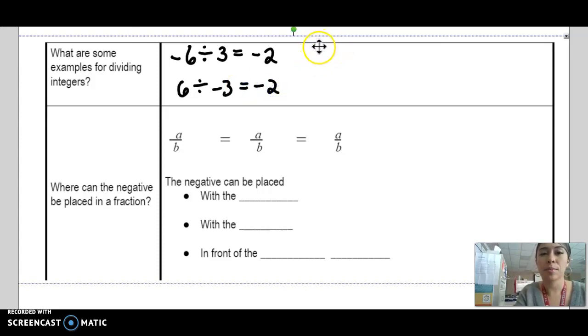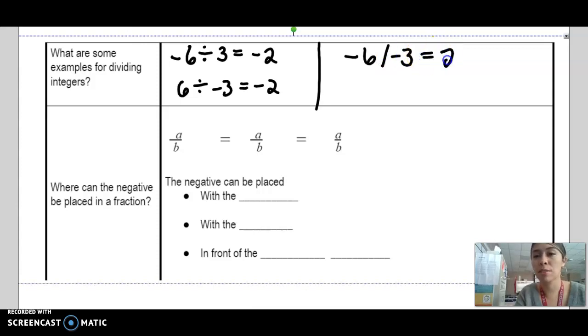Okay. And to get positive answers, you will need to divide a negative with a negative. That will give you a +2. And if you divide a positive with another positive integer, your answer is going to be positive also. So those are going to be some examples of dividing integers.